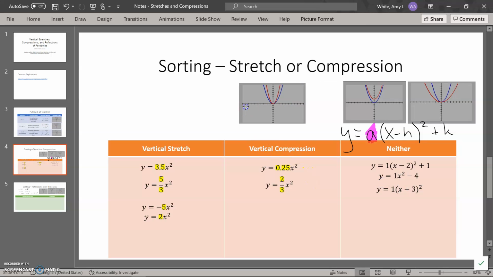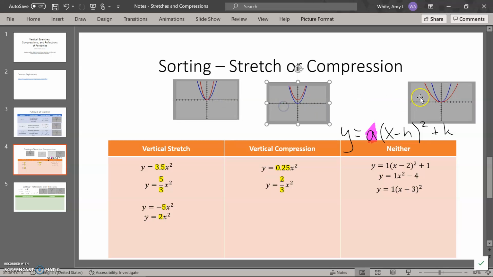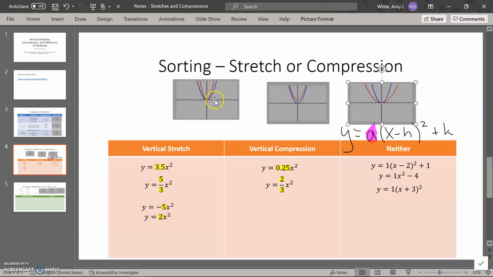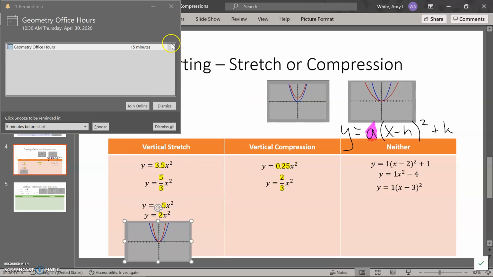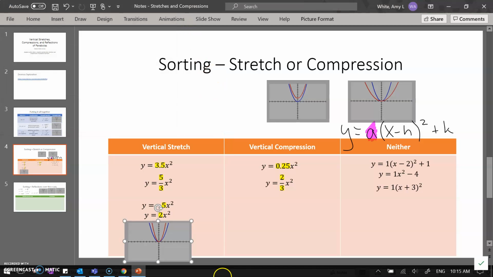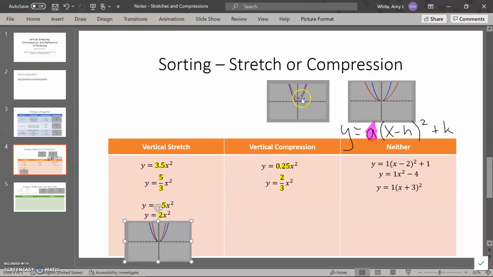Next, let's look at some graphs. Our blue is our parent function, right? So the blue is the parent function. In this case, the red has become skinnier, so we know that is a stretch. In this case, it has not gotten skinnier or wider. We see the vertex is actually what moved.